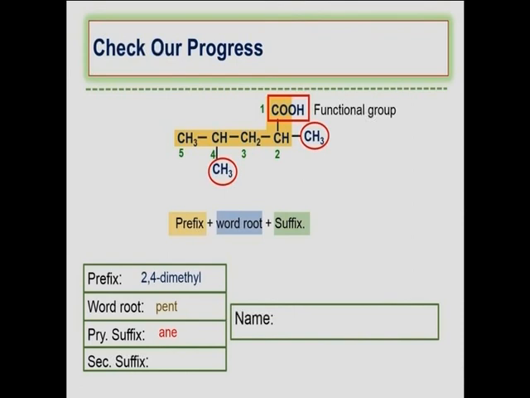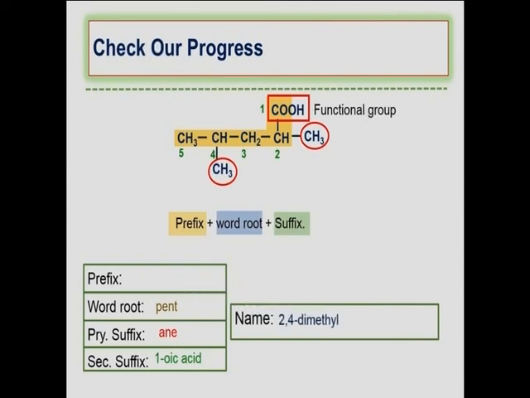Then what is the secondary suffix? We have the functional group there, and if it is carboxylic acid, then we have to use the functional group suffix oic acid. And where is that oic acid? It is at carbon number 1. So you just have to combine this.